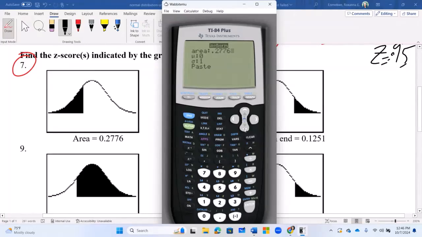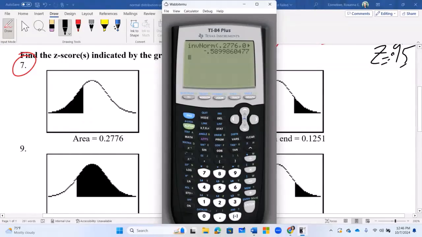You see that area is less than 50%, 0.5, so the z-score must be negative. The z-score will be negative. And when I hit enter, I have negative 0.58, approximately negative 0.59.